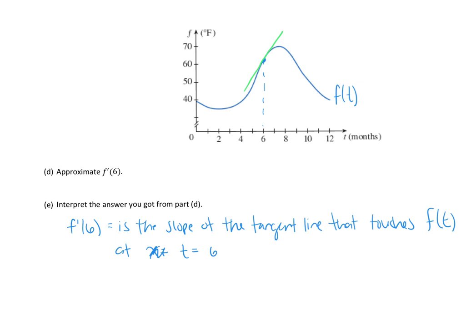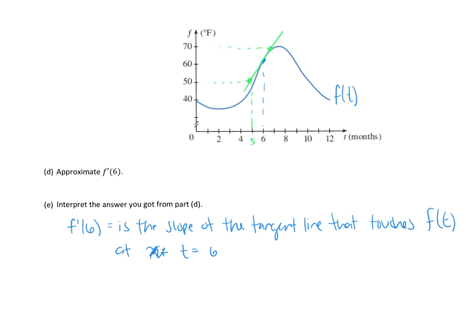And now we need to approximate the slope of that line. So clearly we can see that it's increasing, so we know that the slope is going to be positive. My advice to you is to just pick 2 points that you can approximate the x and y values for. So this point here is about 5, 50. And let's choose a second point.